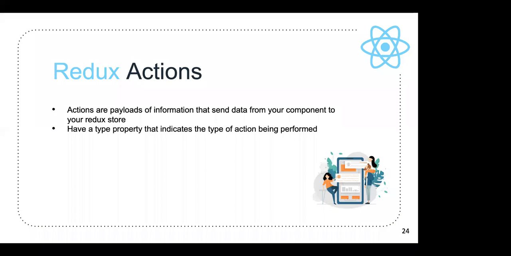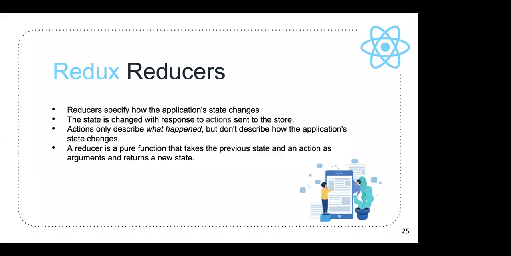So I will be moving to Redux reducers. What are reducers? Reducers specify how the application state changes. Once we receive information from the actions, we map it to the reducers by the types. Then we change our state, and it helps to update our UIs in any of our components.